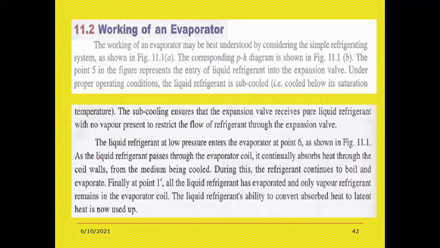Coming to the main topic, the working of an evaporator. Under the classification, we have 6 various types, but among all of them, you have to study how the evaporator works in the air conditioning system.